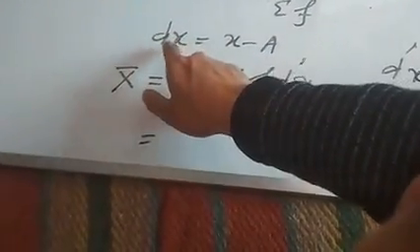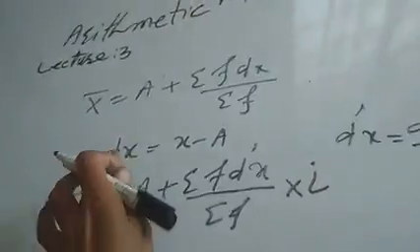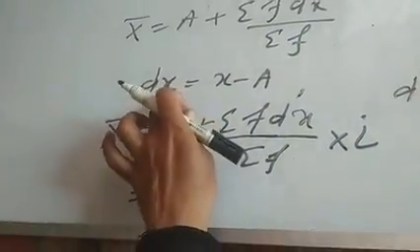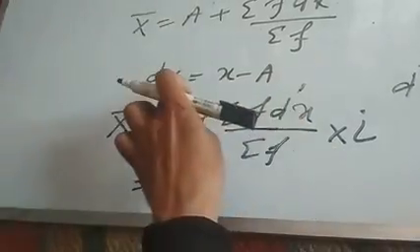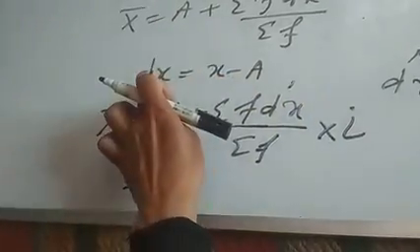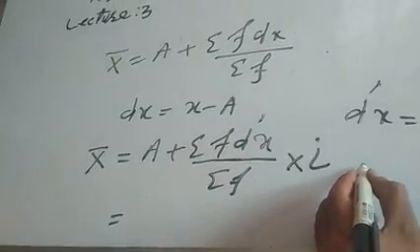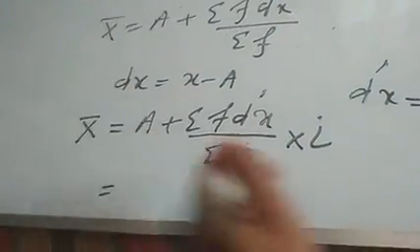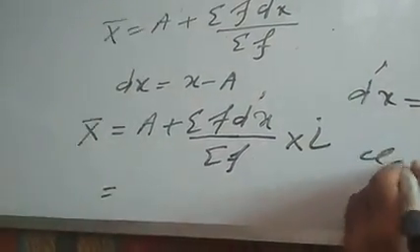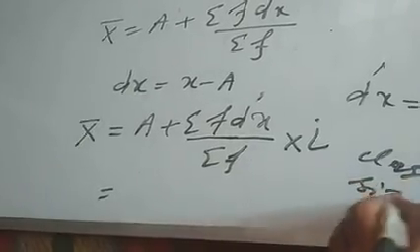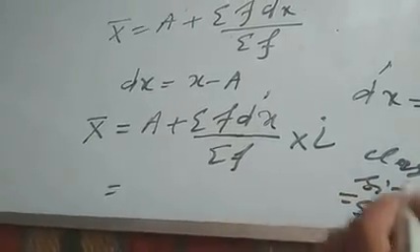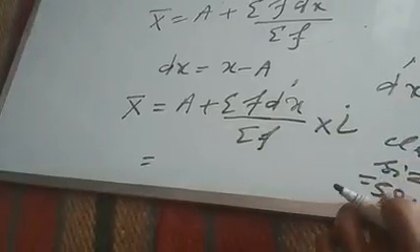So when you find the dx column, you have to divide each and every item of the dx column by i, where i is the size of the class. In our earlier example, the class size was 50.